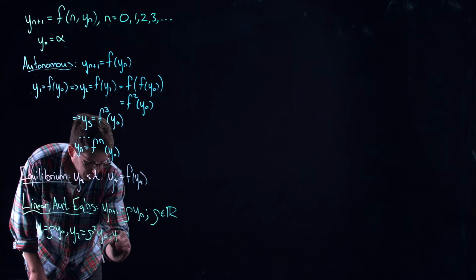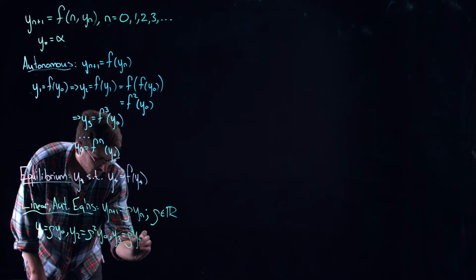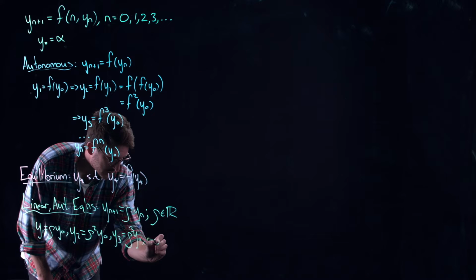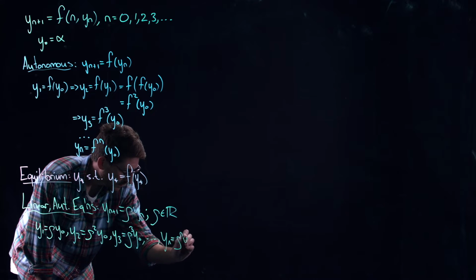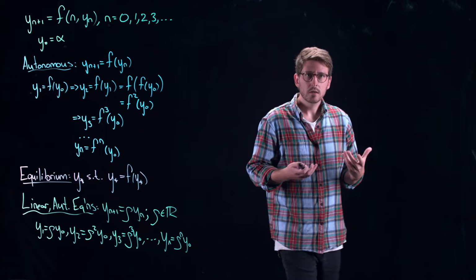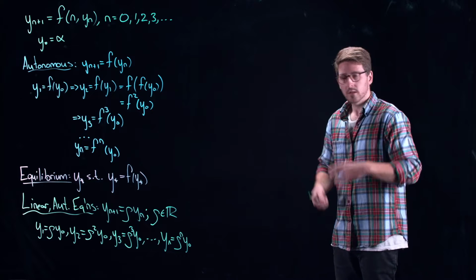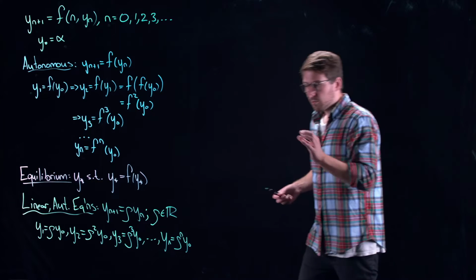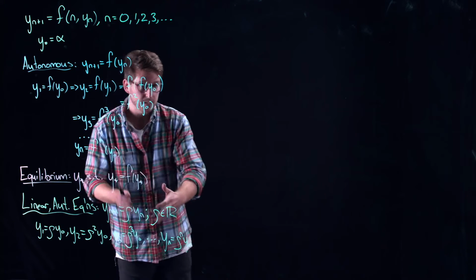And then y3 is equal to rho cubed y0, and so on and so forth, until you get to the nth iterate, which is just raising rho to the nth power and then multiplying it by your initial condition y0. Nothing fancy.